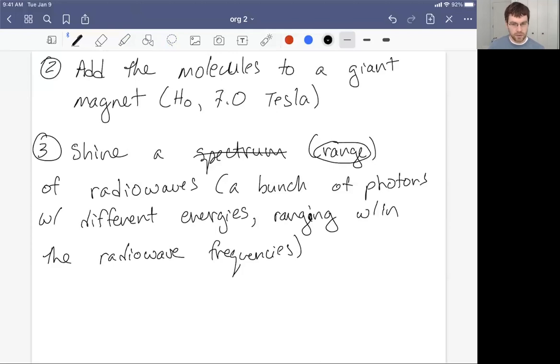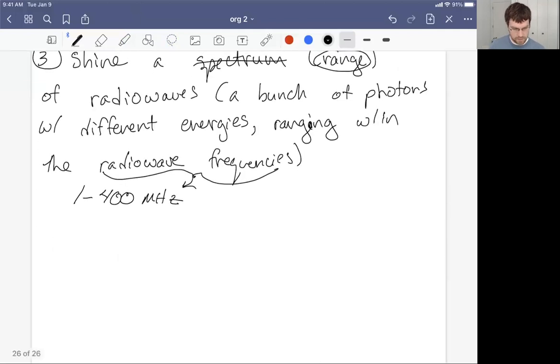Let's say it's about 1 to 400 megahertz that we're shining on this system. Light with those frequencies is within the radio waves, so we wouldn't really see it. The frequency is too low to be detected by our eyes as color.